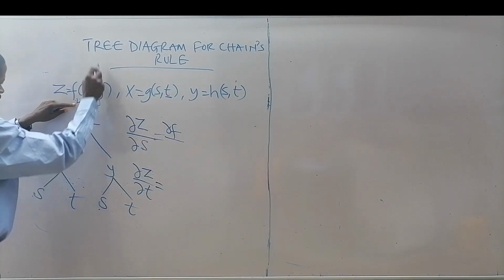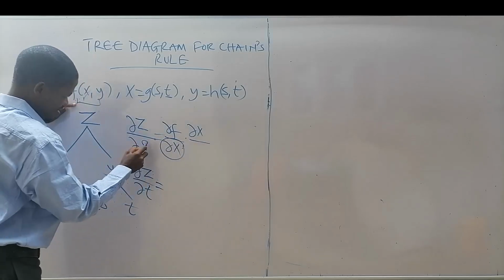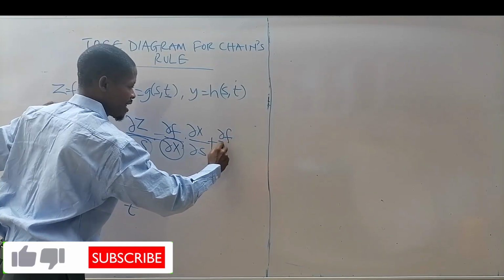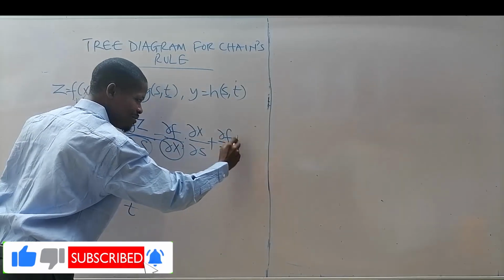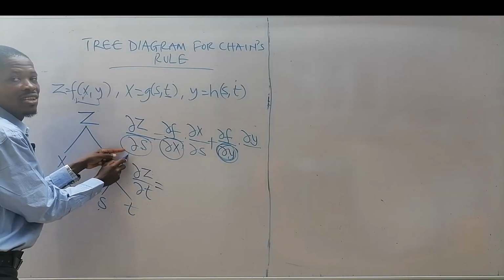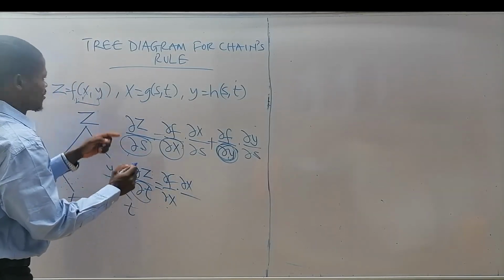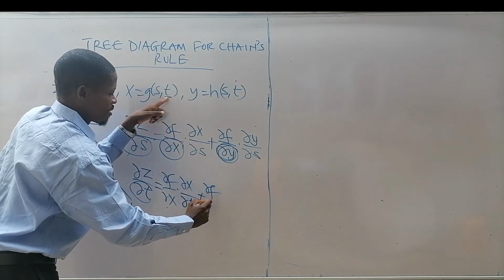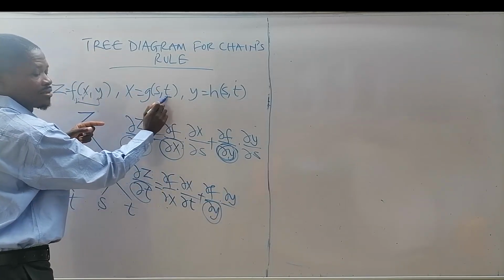Okay, del f, the first one, del x, and when you stop here, del x over what you have here, del s, then plus del f del the second variable, del y, times the variable here, del y del s. Then, for del z del t, it is del f del x times del x del t, then plus del f del y times del y over del t.